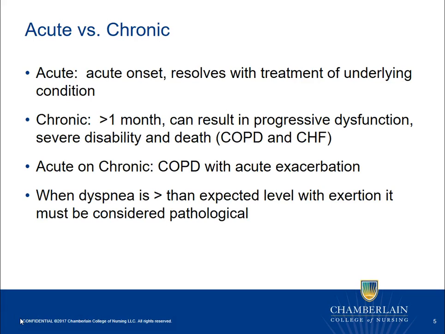COPD and CHF are classic examples. Acute on chronic: this would include a case of a COPD patient with an acute exacerbation. When the symptom of dyspnea is greater than the expected level that would occur with exertion, it must be considered to be pathological or a symptom of disease.